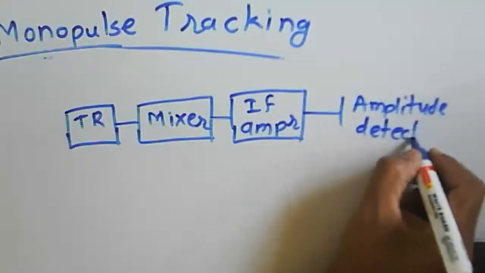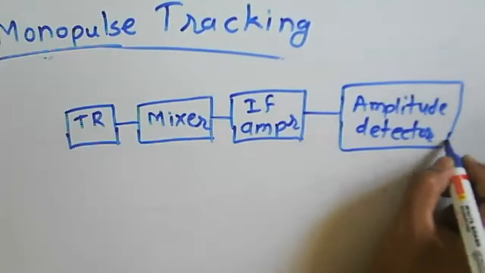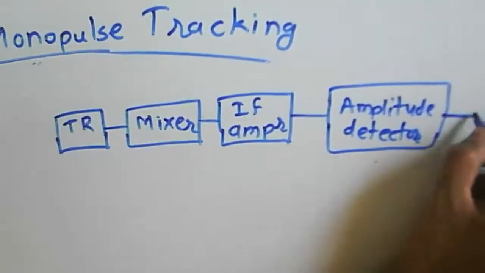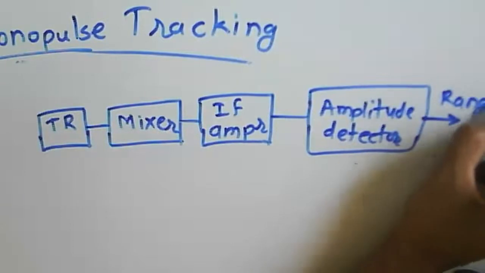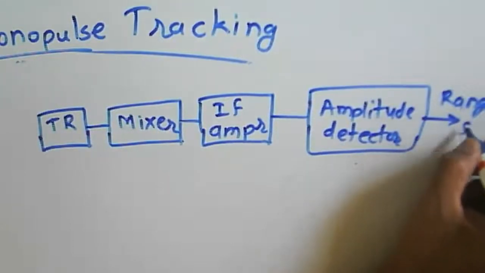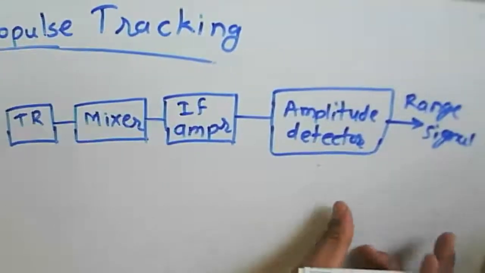The amplitude detector is just comparing, and that amplitude comparison is useful for range detection, so this is given to the range.